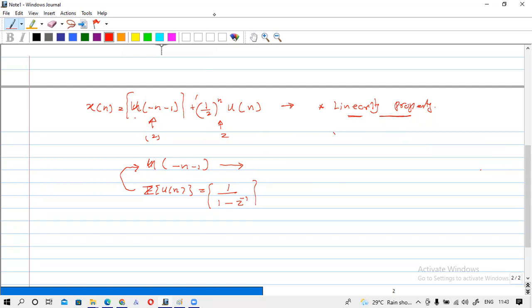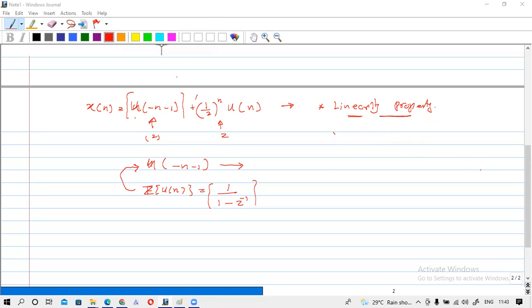Please give feedback. What are the properties? Yes, time shifting we have to use. Another property we have to use, what is that?